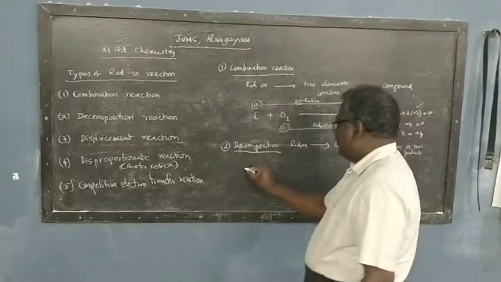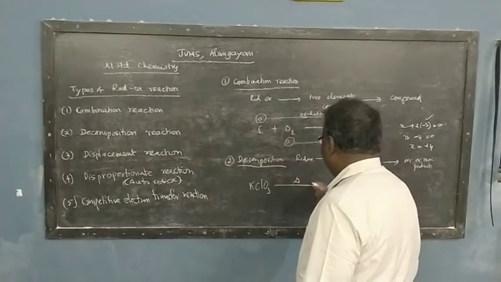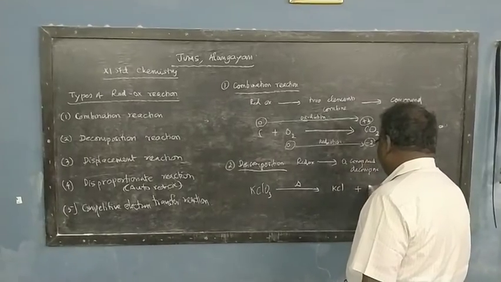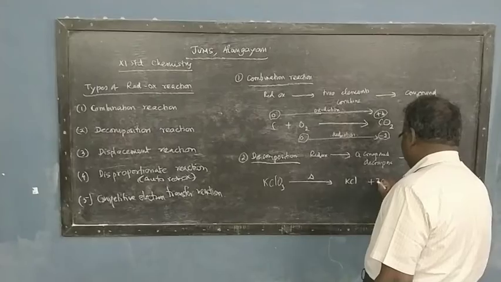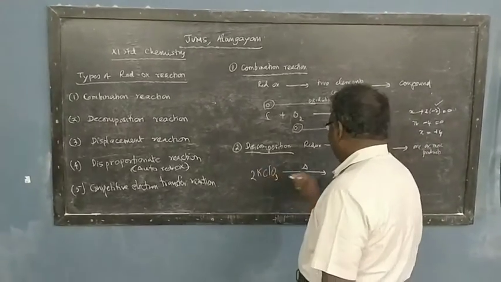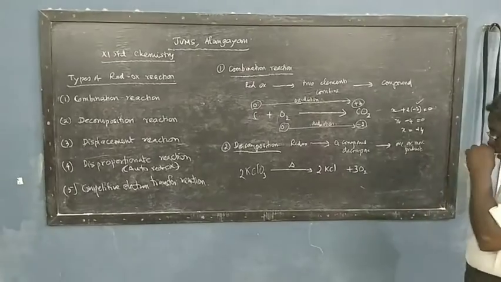Decomposition. For example, potassium chlorate on heating will become potassium chloride and oxygen. So this is 2, this is 3. Multiply this by 3 and this by 2. Right?